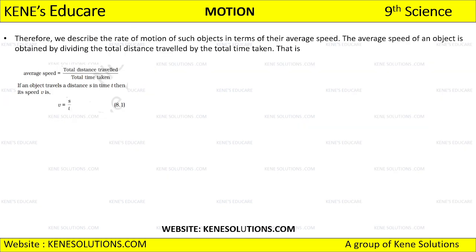After this, here we have the formula for calculating the average speed. So I want you to please go through it as well.